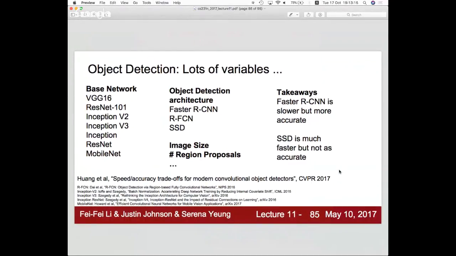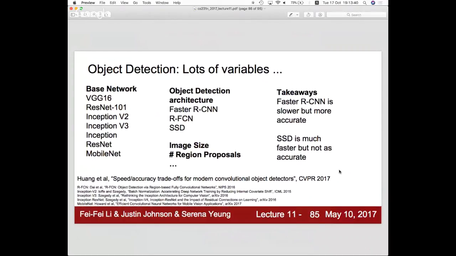And then the next problem with object detection is there are a lot of variables to be taken care of. For example, the base network. For Faster R-CNN, I think they use ResNet, right? And for YOLO, they use some kind of modification of GoogLeNet. And for SSD, they use VGG16.